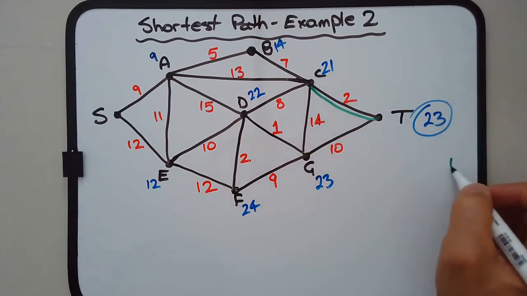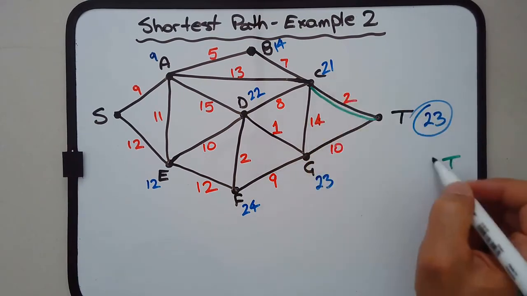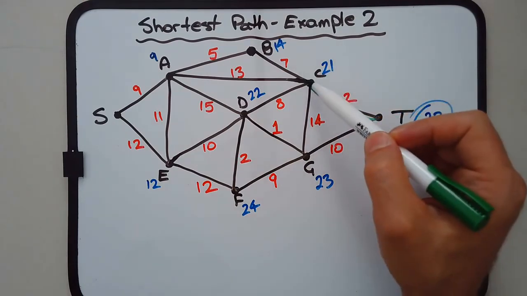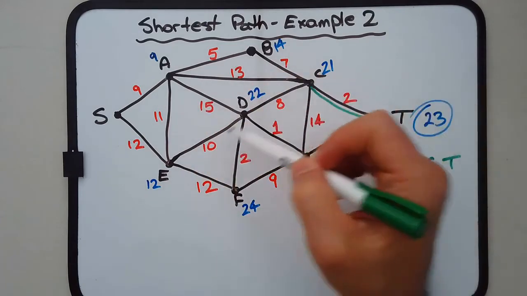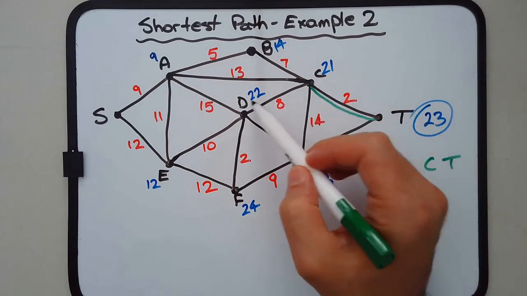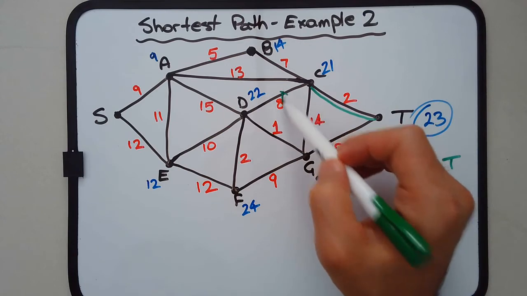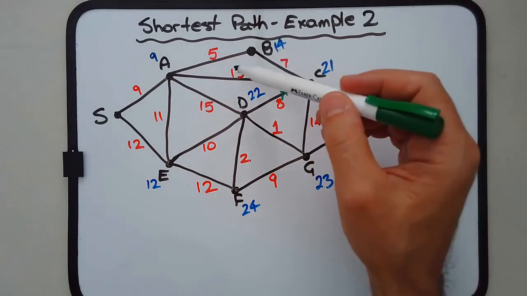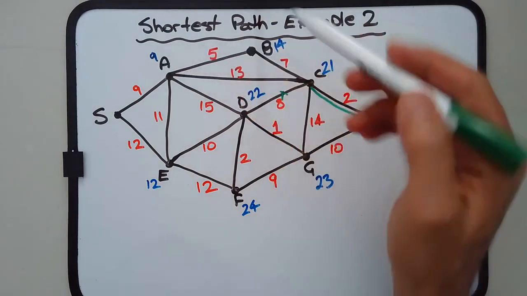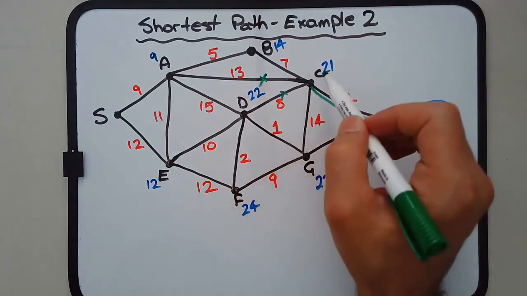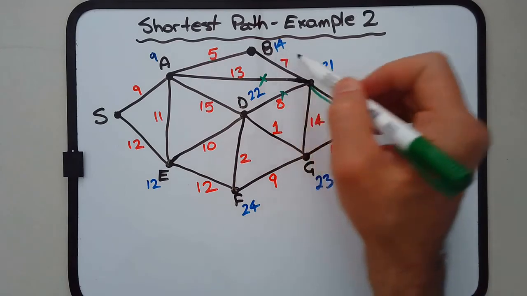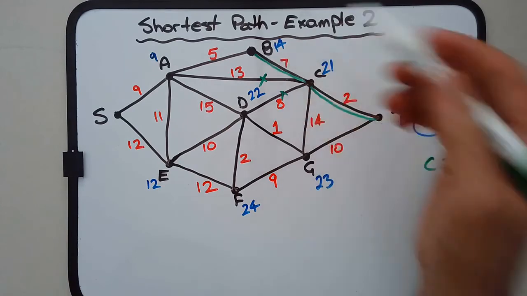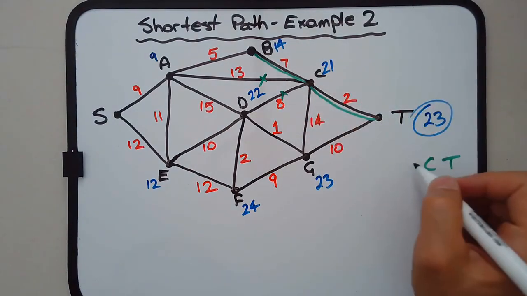So the shortest path, ending with T, has C. From 21, we can either go back to B, or back to A, or back to D. 21 minus 8 is most certainly not 22, so it's not that path. 21 minus 13 is not 9, so that can't be that one. But 21 minus 7 is 14. Again, if you remember that was one of the edges you chose, it makes life a little bit easier.